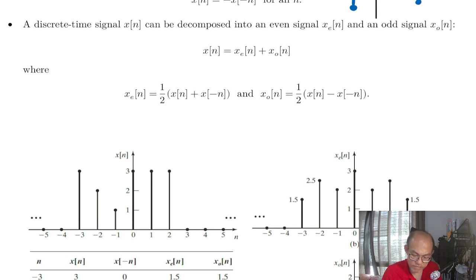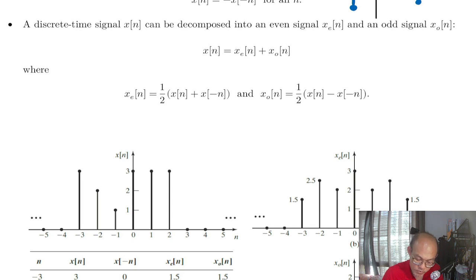Even and odd decomposition: any signal x can be written as an even component plus the odd component, where the even component can be computed using this equation. So you add x of n with x of minus n, and then you divide it by 2.